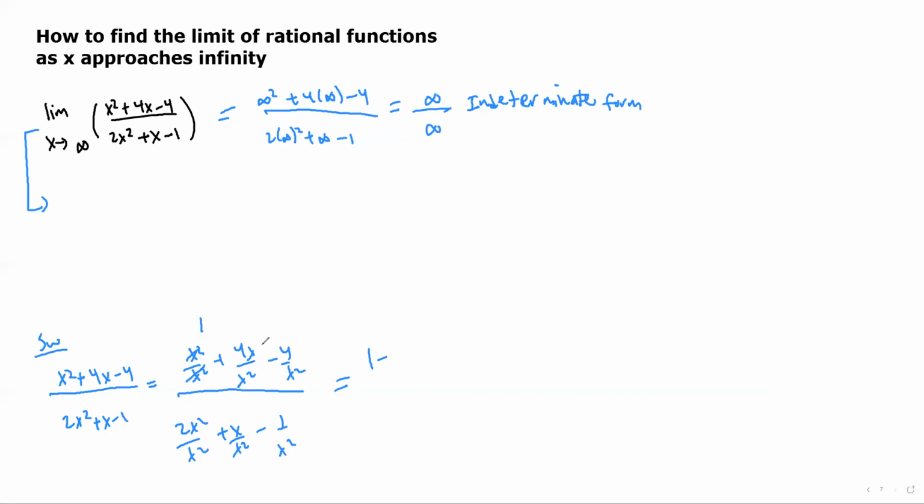Okay, and then I have 4x over x squared, so that's going to give me 4 over x, minus 4 over x squared. Sorry, that's a plus there. In the denominator, again, this x squared cancels, so I have 2 plus, and then one of the x's is going to cancel. That gives me 1 over x, and then minus 1 over x squared.